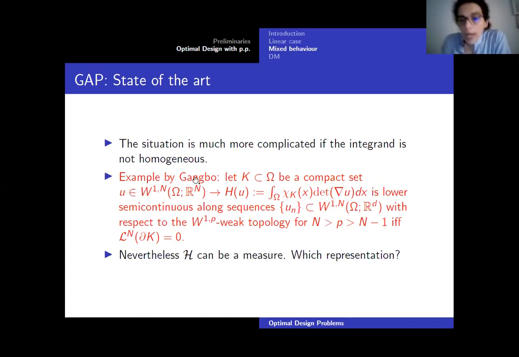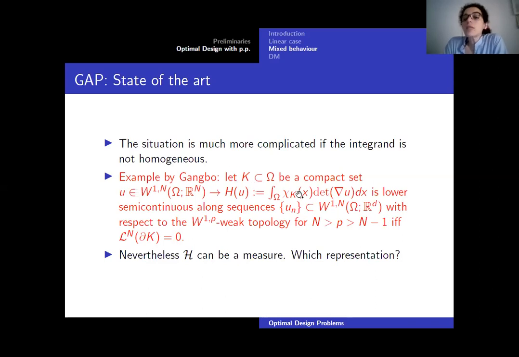An example due to Gangbo shows that the choice of the exponents p strictly bigger than n-1 and q equal to n, with the energy coercive, is not sharp when one also allows for inhomogeneity.